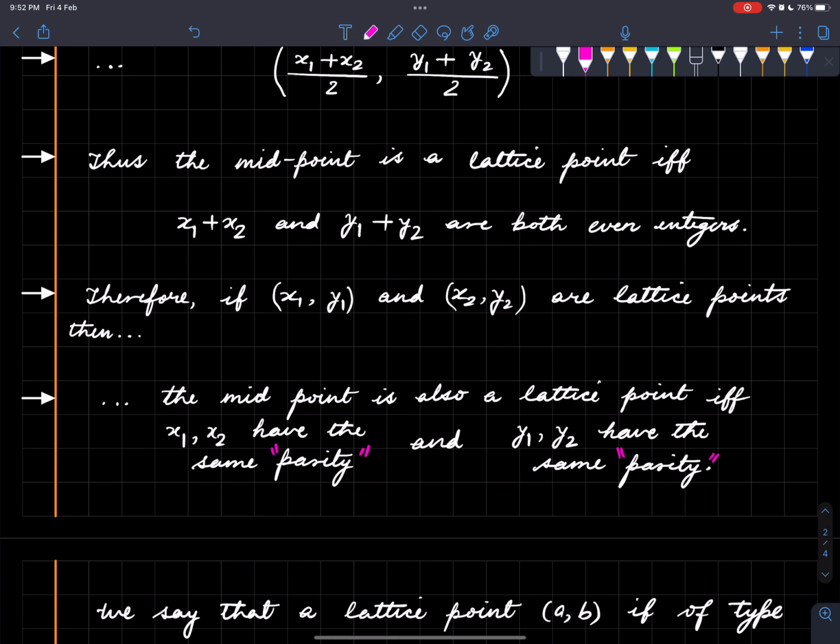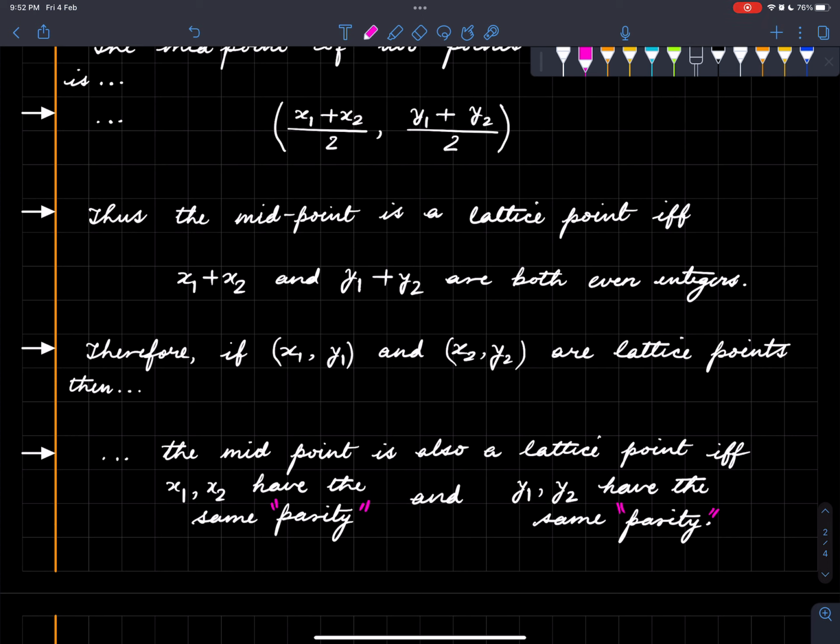So let me say a few words about that. We say that x1 and x2, or just any 2 integers, let's say m and n, are said to have the same parity if they are both odd or both even.